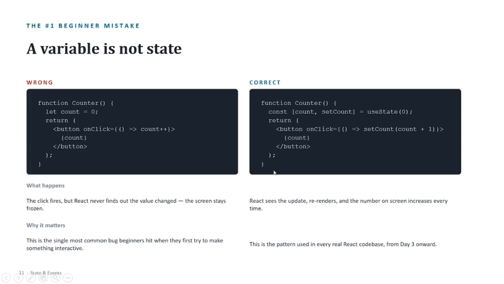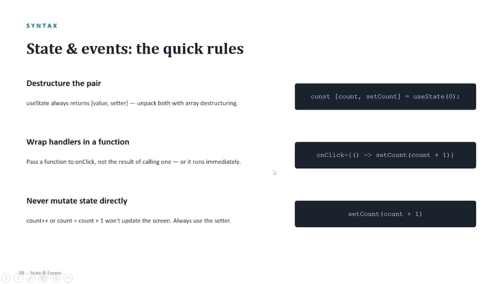Now let's see rule number 3. So rule number three is that we never mutate state directly. What I mean by this is that you cannot just write count++ or count = count + 1 that you write in other programming languages, and expect that the screen will update. This will not work if you write something like count++ or count + 1.